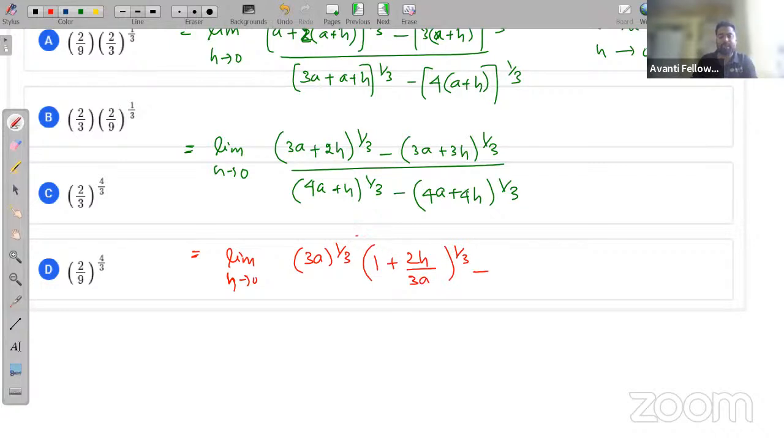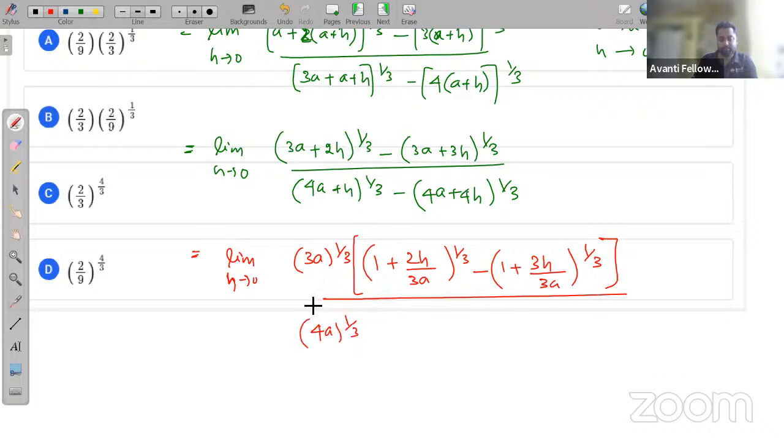From here also we take 3a common, so this becomes (1 plus 3h upon 3a)^(1/3). In the denominator also I am taking (4a)^(1/3), so this becomes (1 plus h upon 4a)^(1/3) minus (1 plus 4h upon 4a)^(1/3).